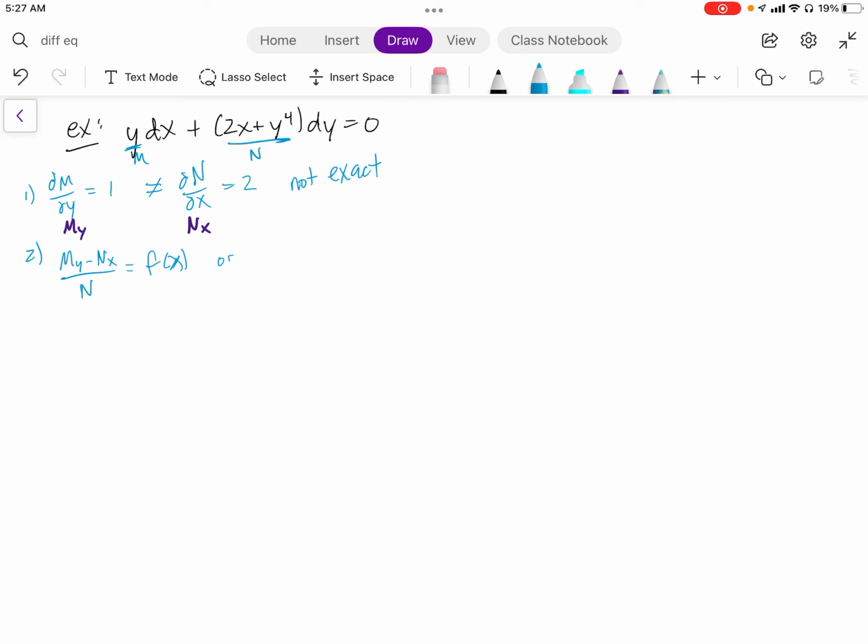And if not, all hope is not lost, or if you divide by M and you get it as a function of y, we'll use g. If either one of those hold, we can get this to be exact. If not, not going to work.